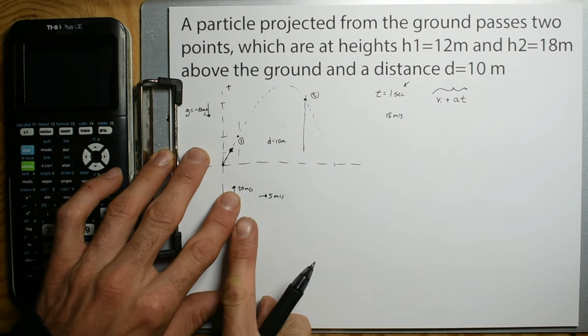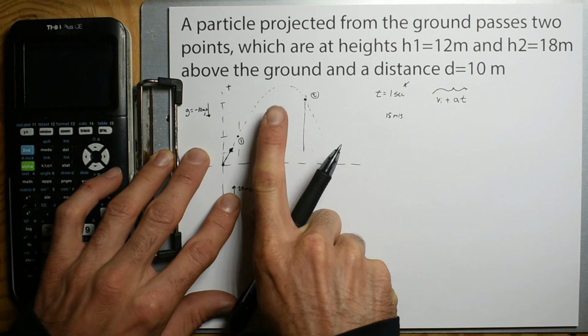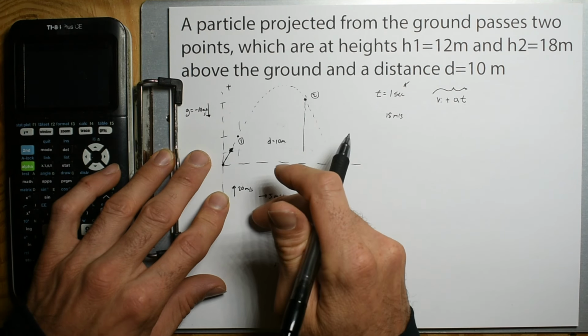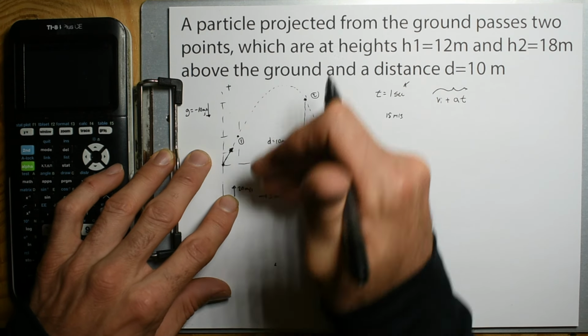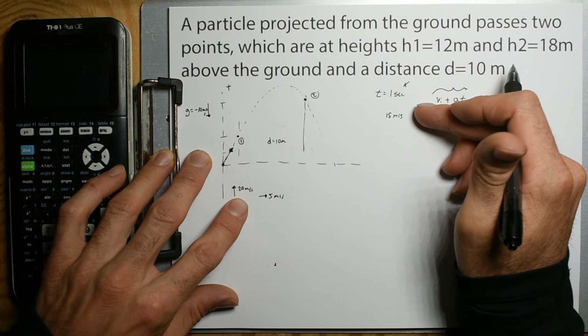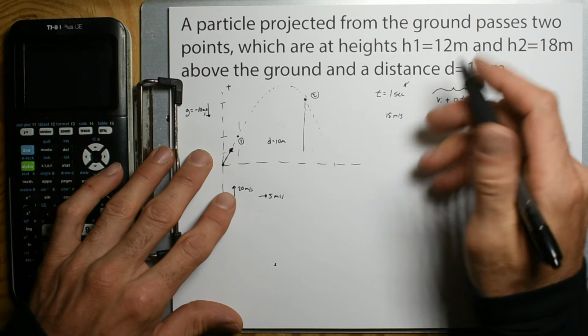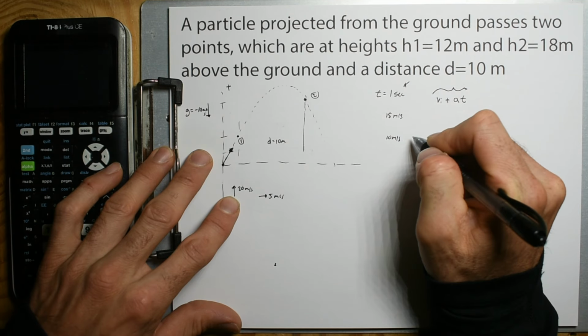So if it's going away from the center of the Earth, it's going to slow down by 10 meters per second in that second. So after 1 second, it's going to be going 10 meters per second.